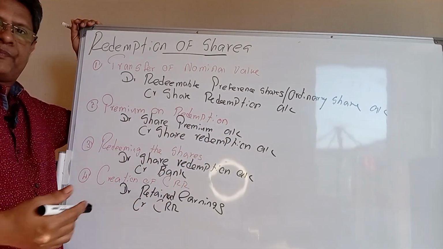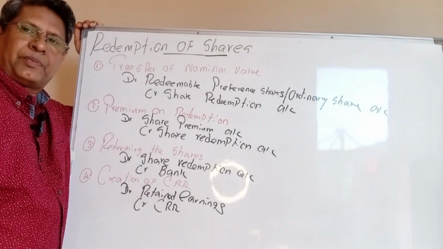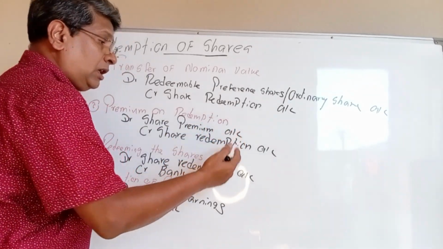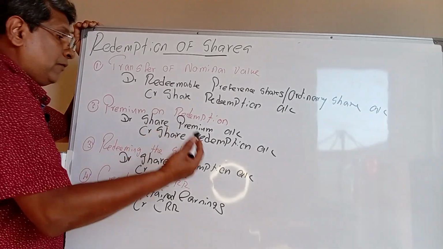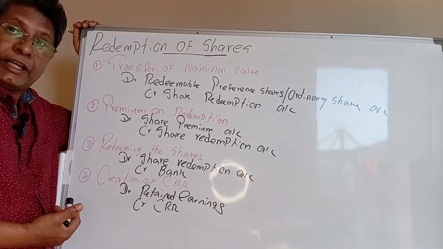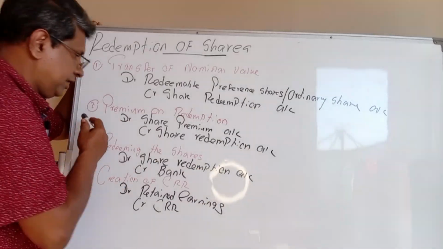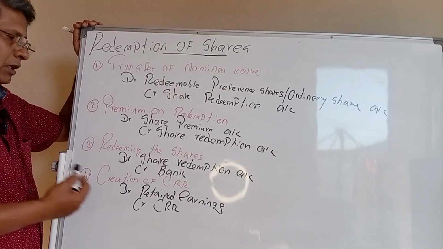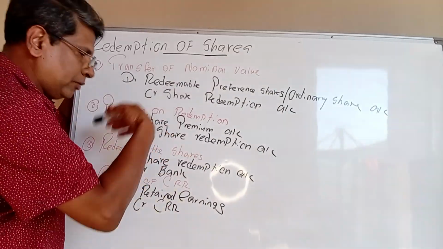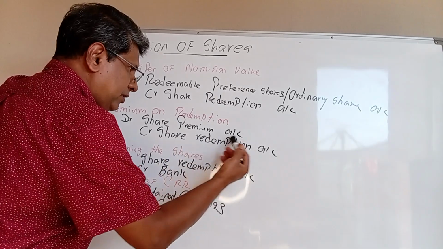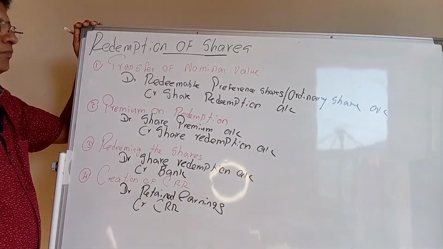Premium on redemption. Shares could have been issued at a premium, then we should be very careful. If the shares have been issued at a premium, then we have to remove the share premium on the redemption. So we debit the share premium account and we credit the share redemption account.